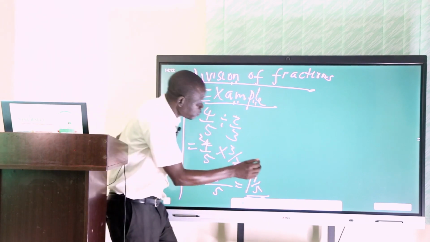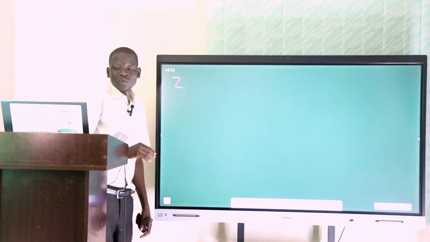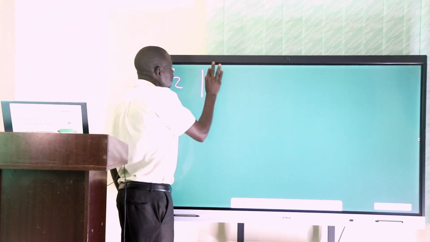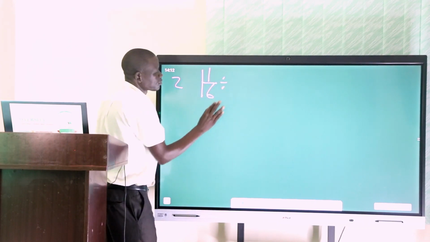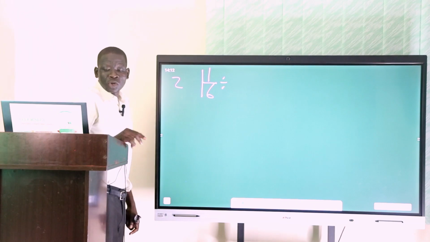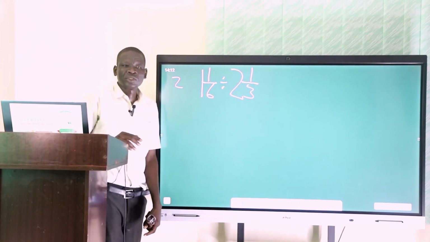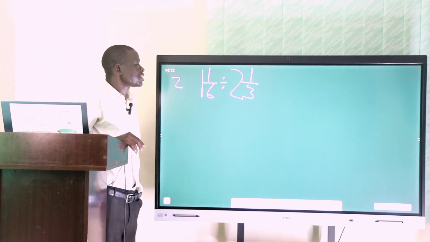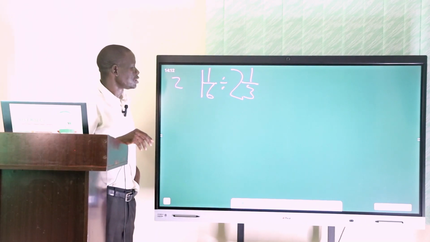We can have example 2. We have one whole number and 1 over 6 divided by 2 whole numbers and 1 over 3. In this case, we find that these are mixed numbers which are to be divided.